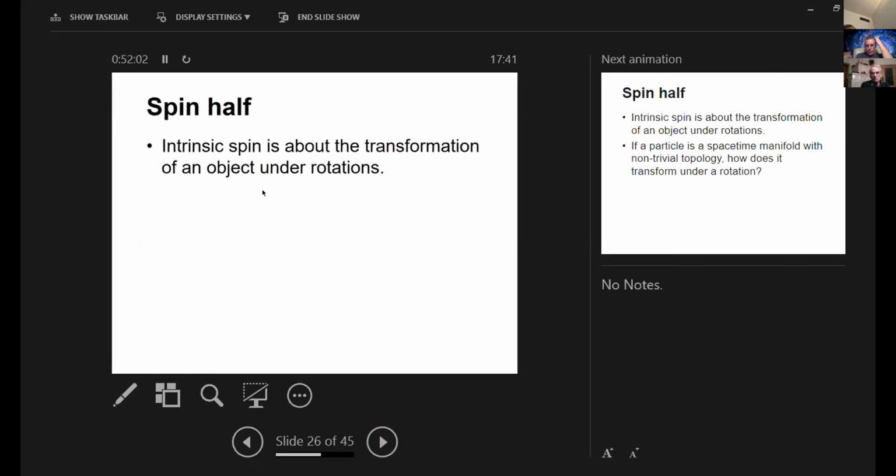But can I add something to that? When you rotate a spinor by 360 degrees, all of the real-valued properties that you calculated from it are not changed. Yeah, absolutely. The only thing that's changed is your representation of it. And I see it as no different from going from a positive square root to a negative square root.